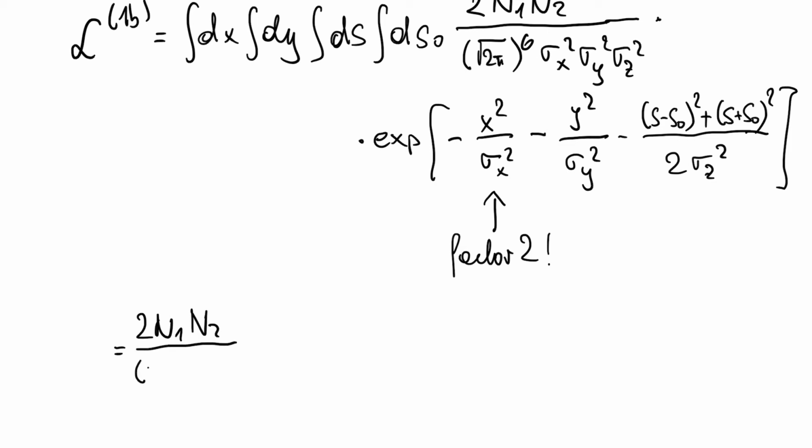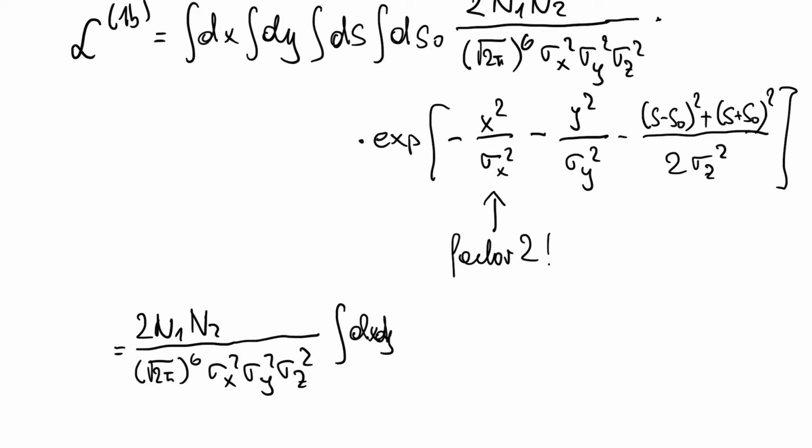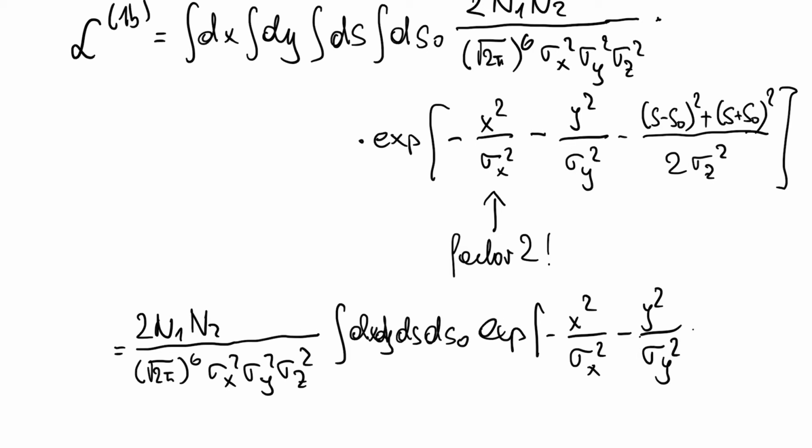We pull out the constant factors. And we carry over the rest. And we can simplify the dependence on the s coordinate.